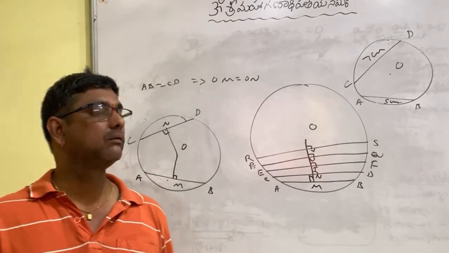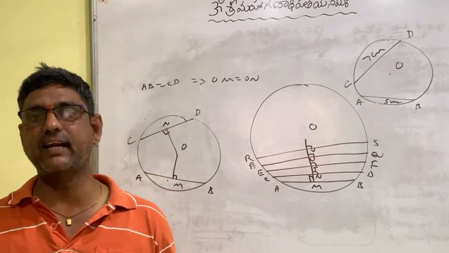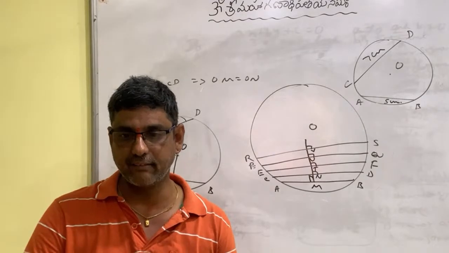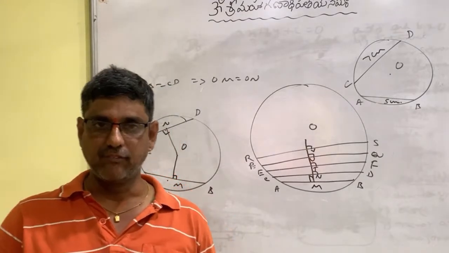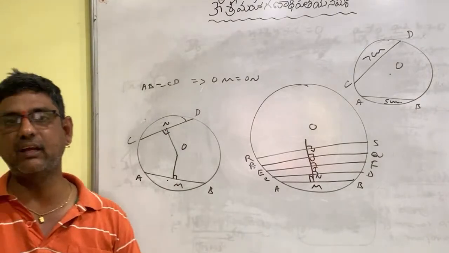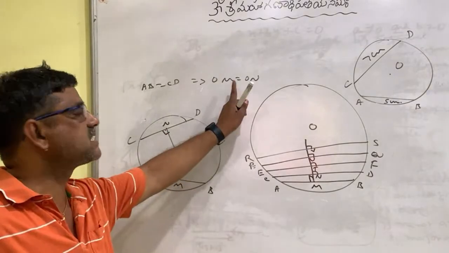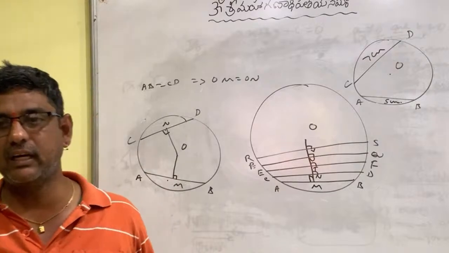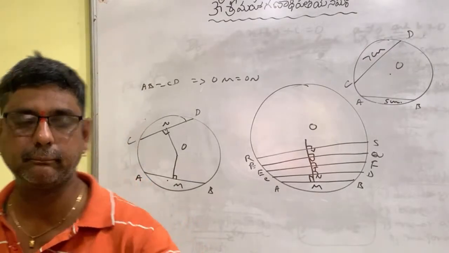So, the chord which is near to the center is greater than the chord which is far away from the center. If two chords are equal in length, then they are equidistant from the center. That is what you have to understand.